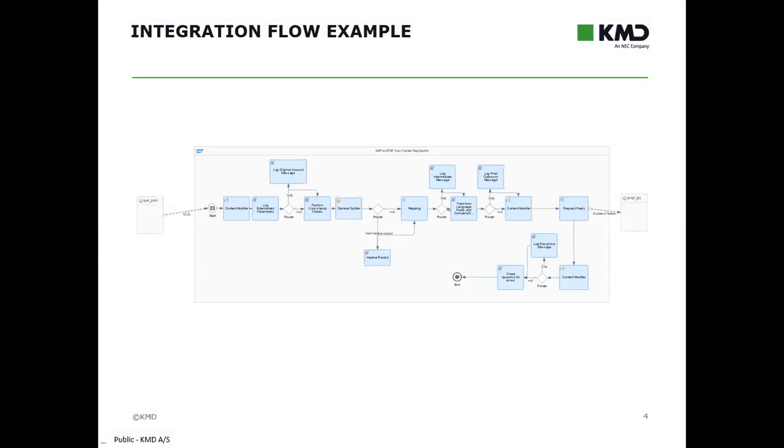This specific one is the ERP to SuccessFactors cost center replication iFlow. It's part of the prepackaged integration content that SAP delivers, which is one of the really strong selling points of CPI. So this is just to show you an example of an iFlow.